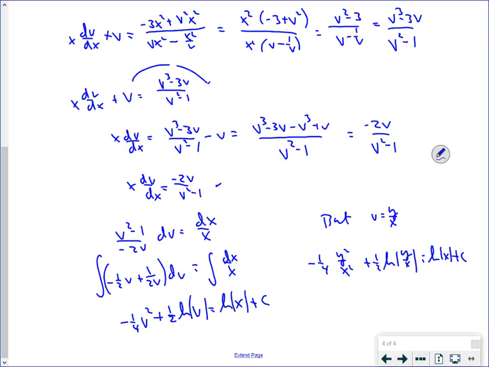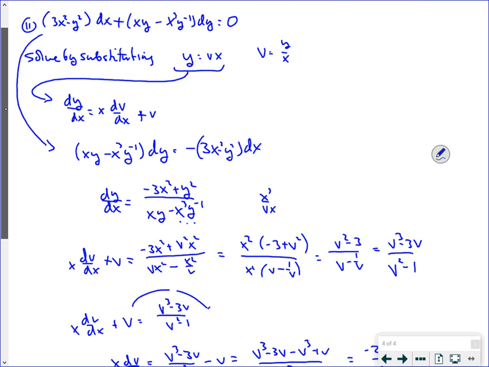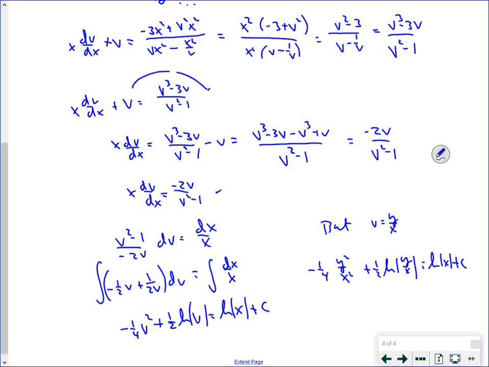Never checked this in the back of the book, so let's see. This is what, page 76? This number 11? If it's number 11, I didn't get it right. Yeah, it's number 11. Have to go back and look at it. I messed up somewhere.